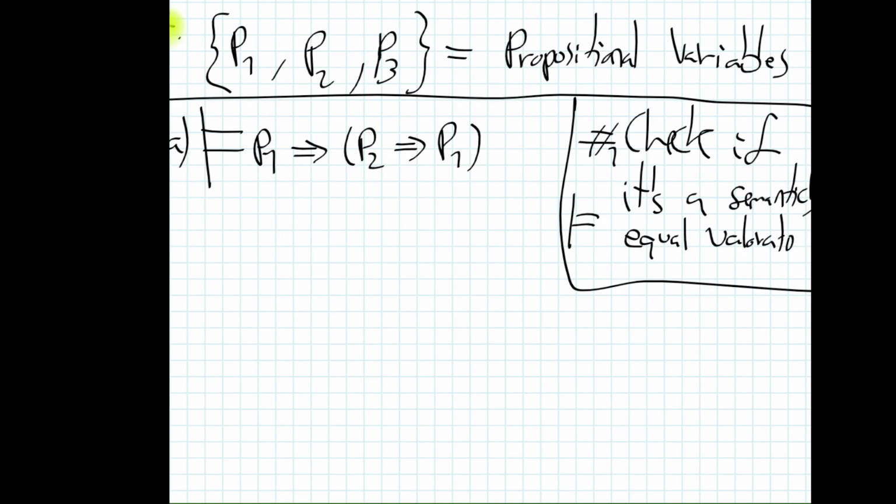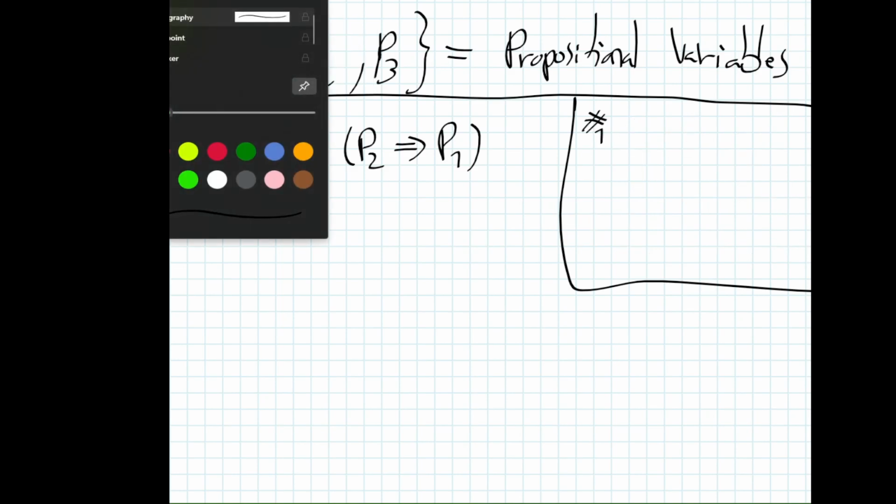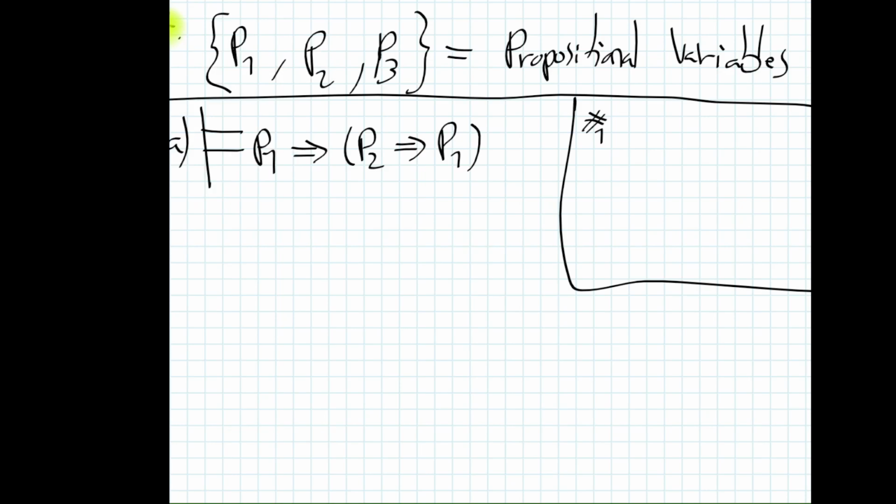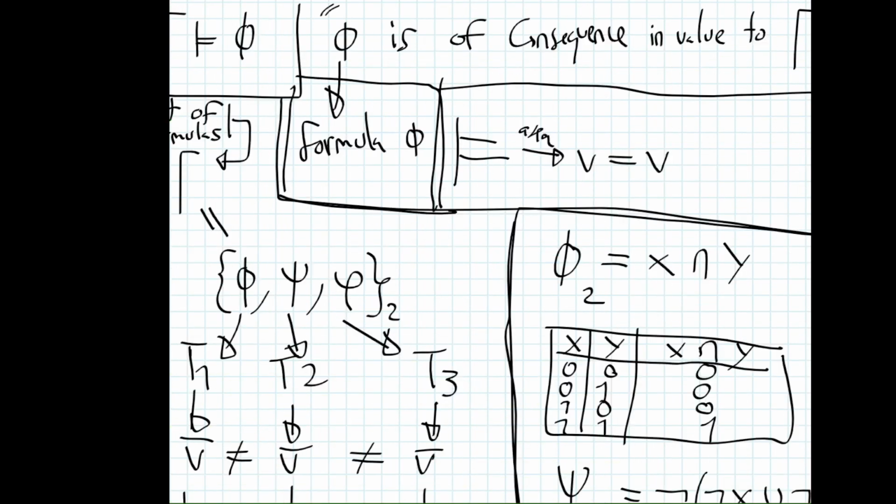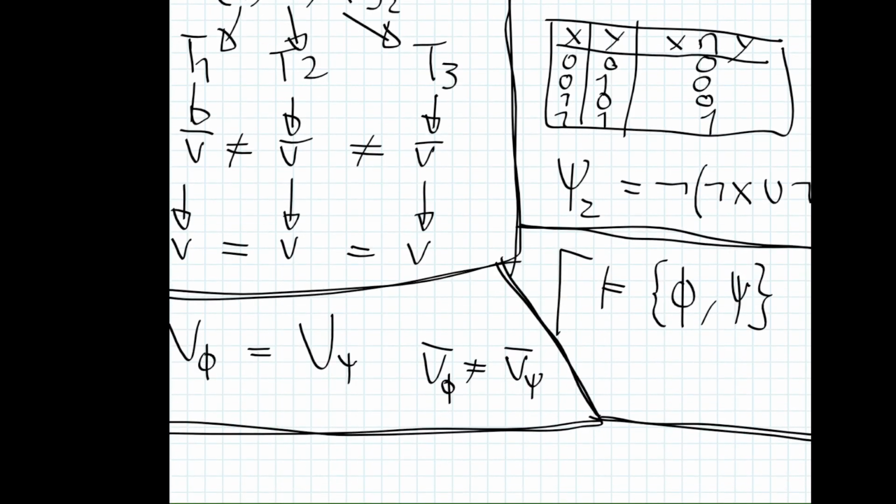Alright, and okay, so let me rewrite this. So the first step is to check if the valoration is, let me just be sure now, because the explanation was correct.